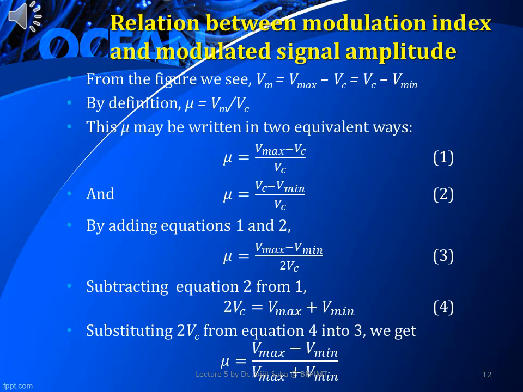By adding these two equations, we get μ = (V_max − V_min)/(2V_c). Subtracting equation 2 from equation 1, we get 2V_c = V_max + V_min. Substituting these values, we finally get μ = (V_max − V_min)/(V_max + V_min).